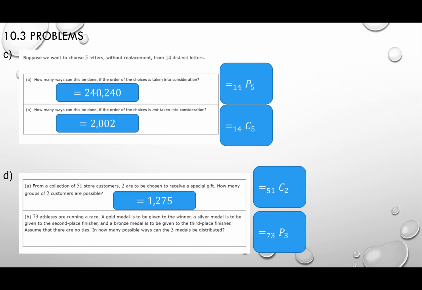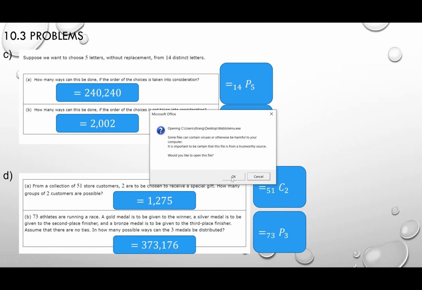That is the biggest difference between combination versus permutation: you have to determine, does the order matter? Do they give us anything that we need to put in order, or some ranking involved? Okay, and looking at this, like I mentioned, the calculation is not hard.